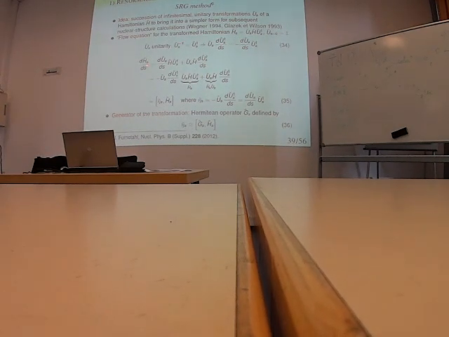So first you plug that in the derivative of the H. You derive with respect to this parameter s. H itself does not depend on s. So you have the derivative of U and U dagger. Two terms here, fine. Now you use this property of the unitary transformation or similarity. And you end up with an equation in the form of a commutator.